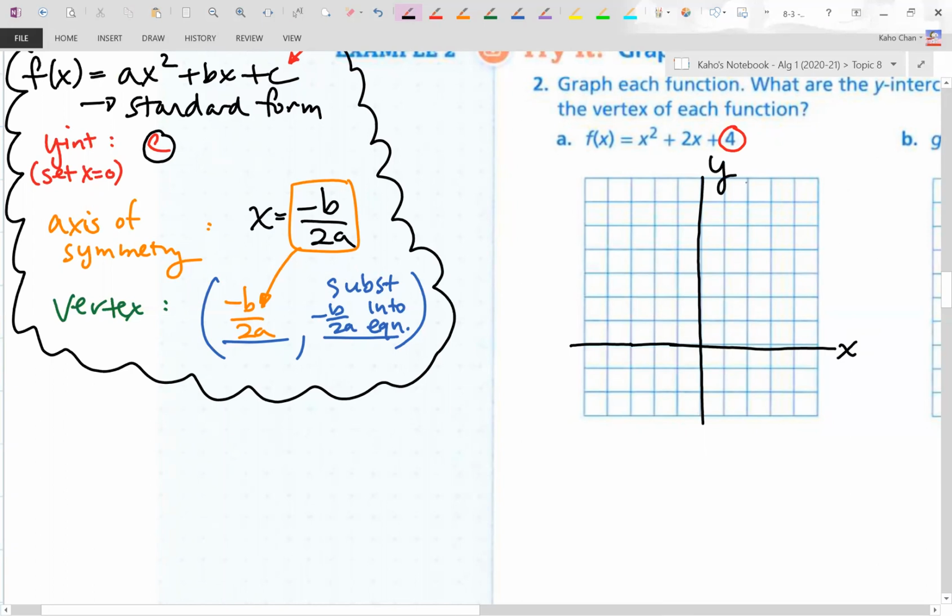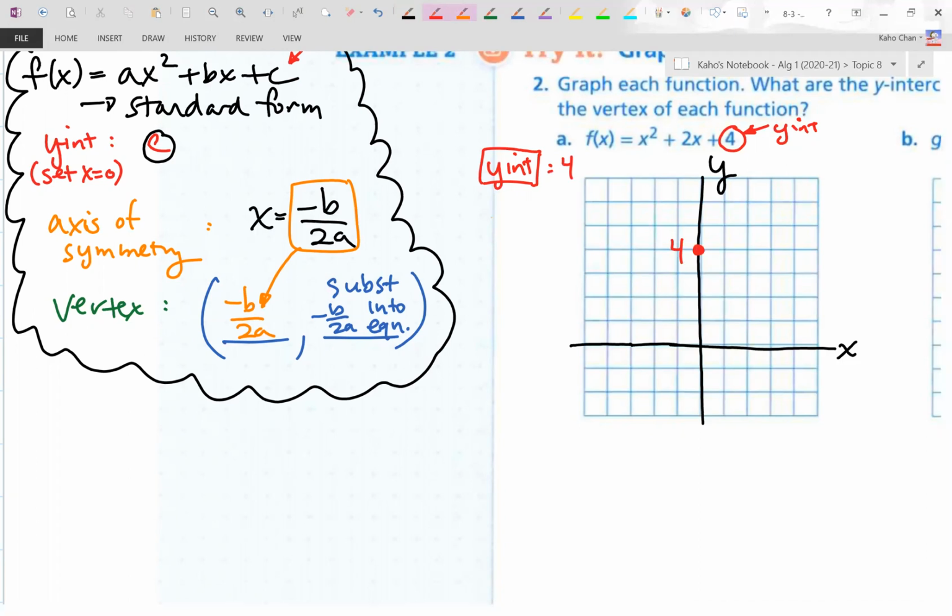But the first step was finding the y-intercept. Let's identify that. Yay. The y-intercept, of course, is 4, right there. Let's go into the y-axis and put a dot at 4. If you label it, that'd be awesome too. Second step, find the axis of symmetry.